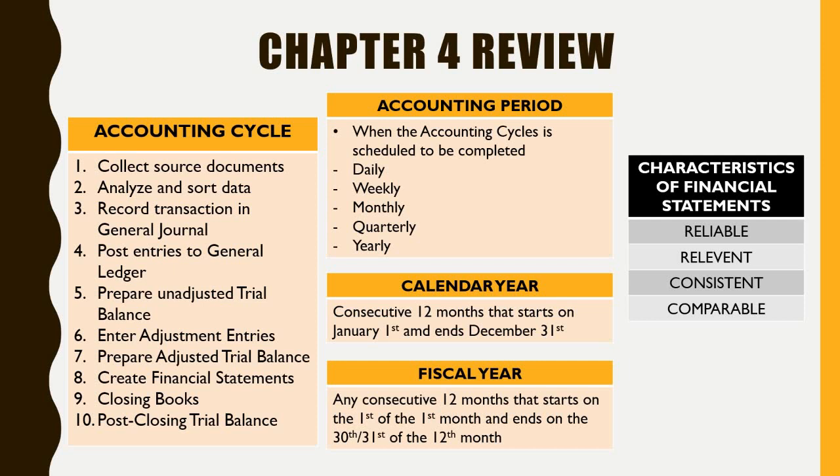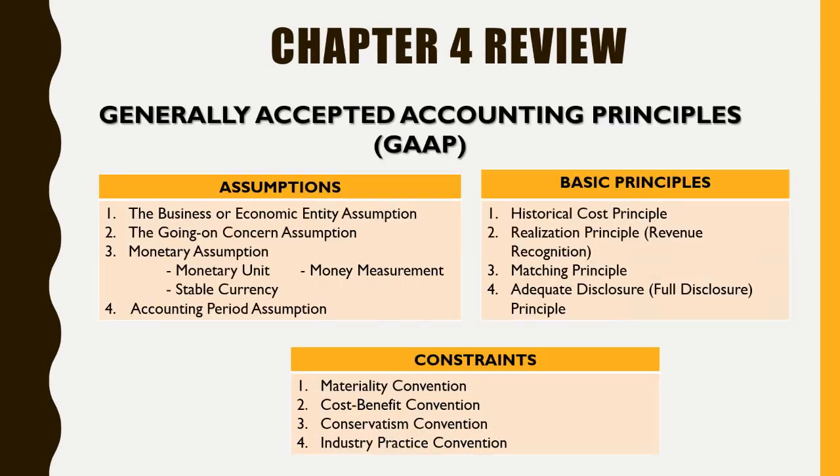And of course, we talked about the characteristics of financial statements. These are what the financial statements produce so that your internal and external users can trust the financial statements. And then we talked about generally accepted accounting principles, GAAP for short. Now, I don't have a mnemonic device to memorize this, but think of GAAP as learning your ABCs.